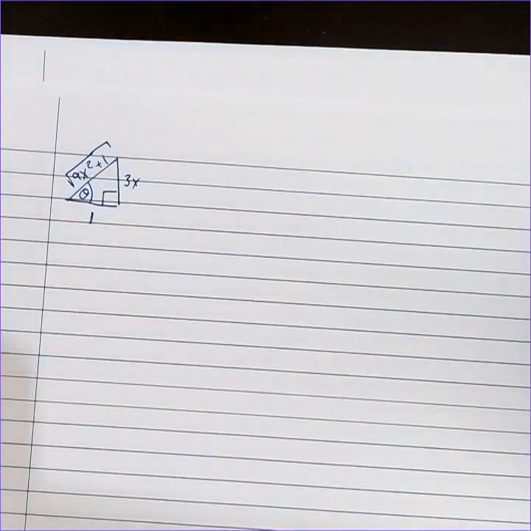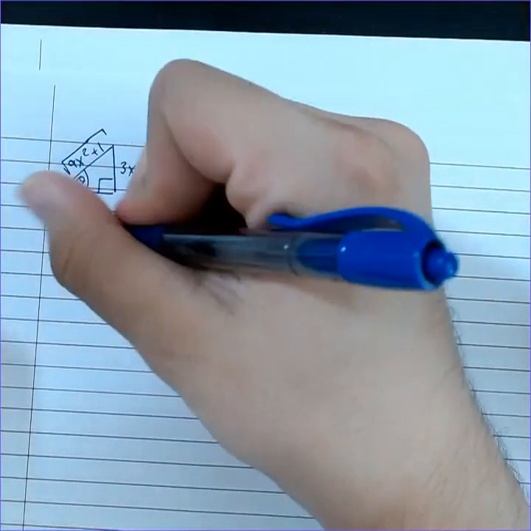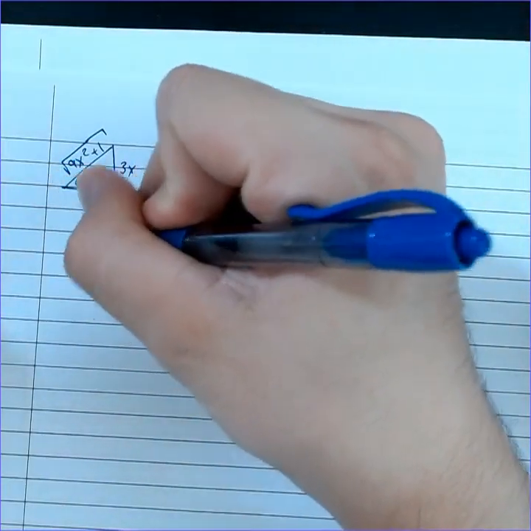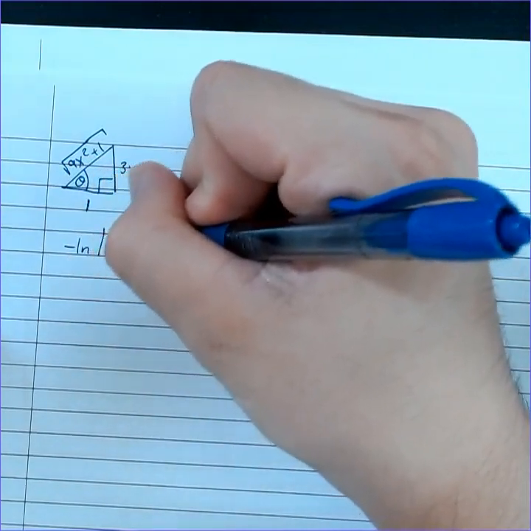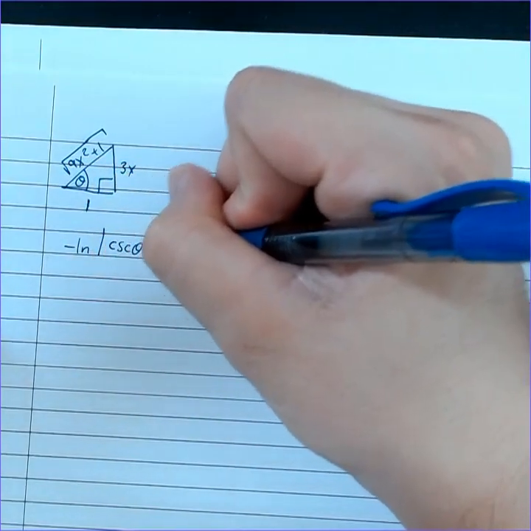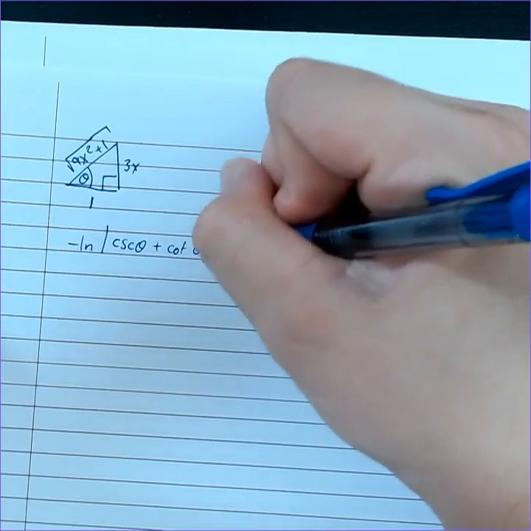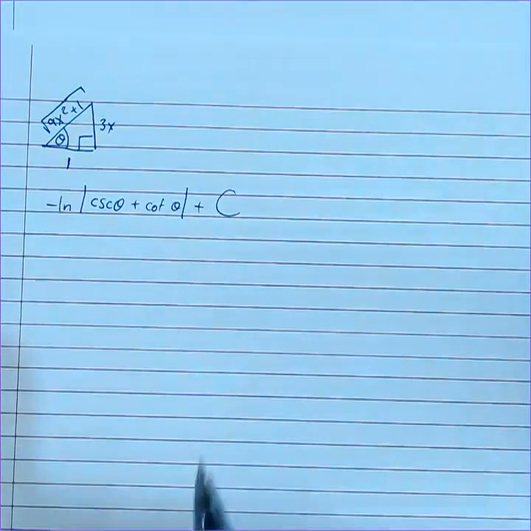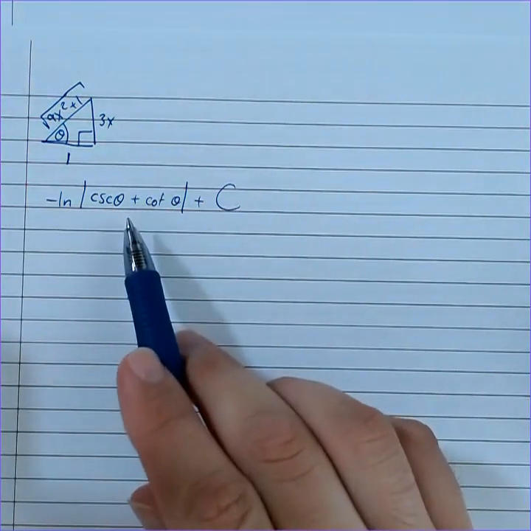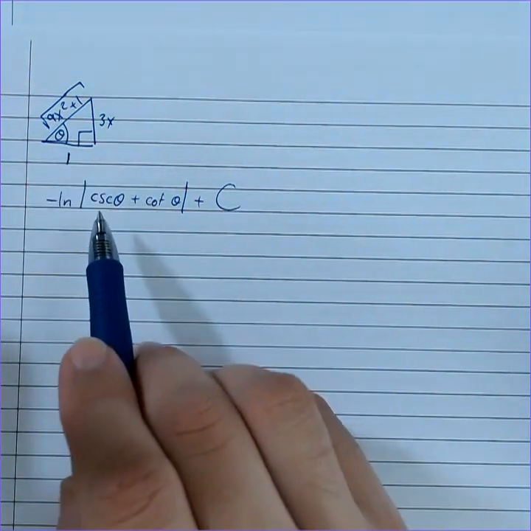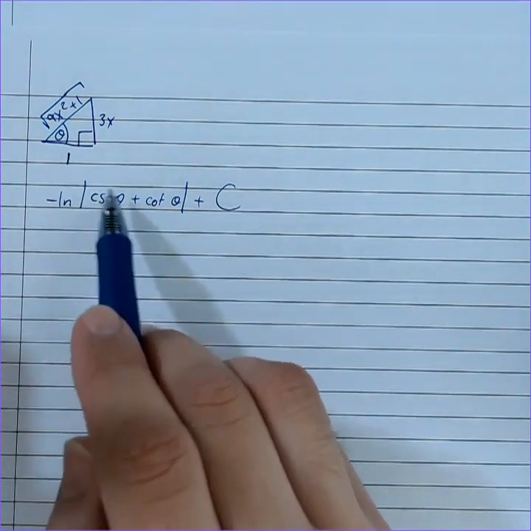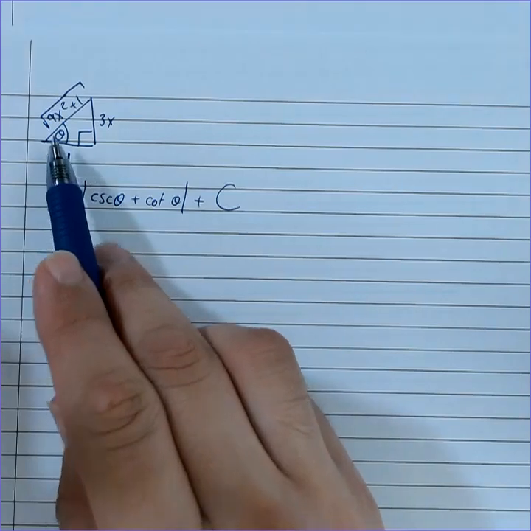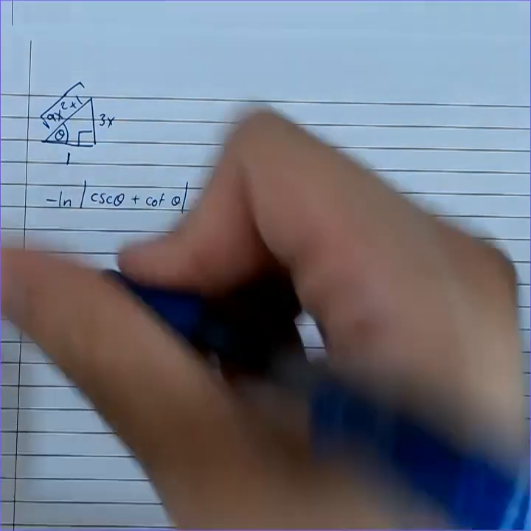So, to remind ourselves of what our expression was, we are left with the negative natural log of the absolute value of the cosecant of theta plus the cotangent of theta plus a constant of integration. But now we can go ahead and convert back into expressions of x, because we know the cosecant of theta is the reciprocal of the sine of theta, or in other words, the hypotenuse over the opposite.